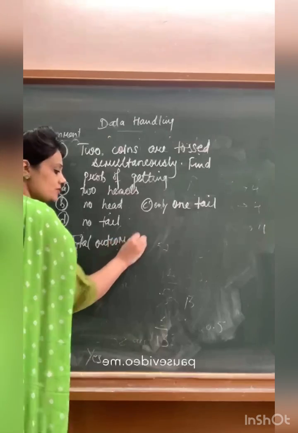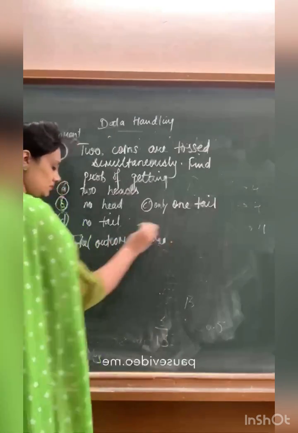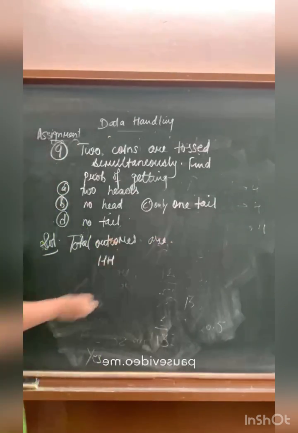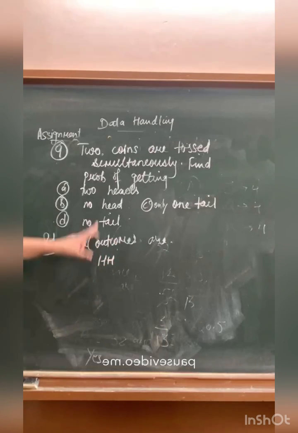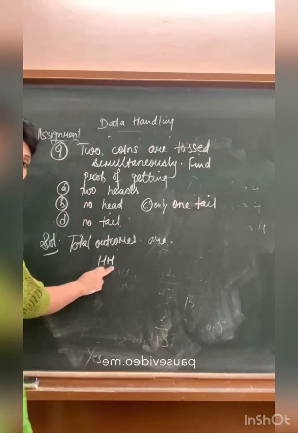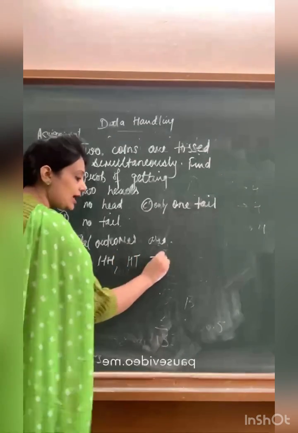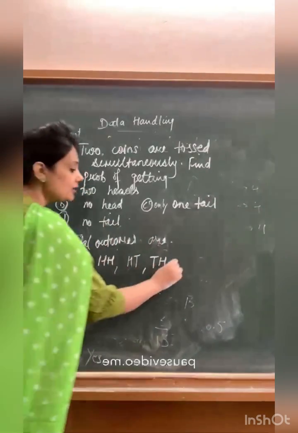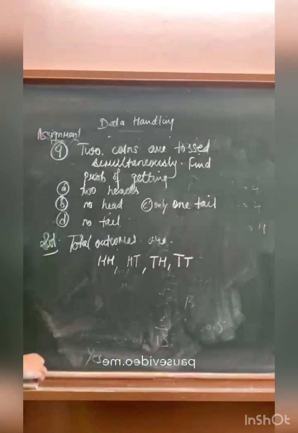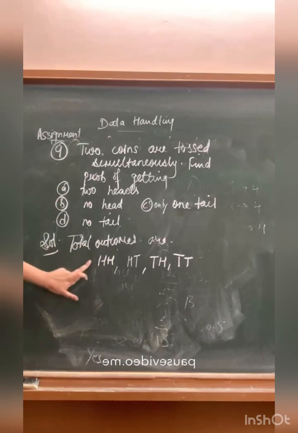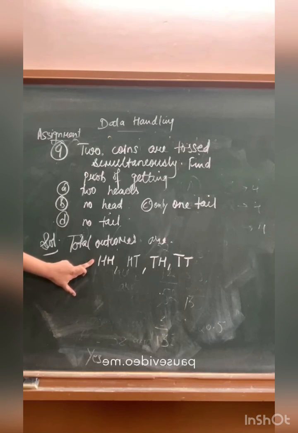Total outcomes: if we toss 2 coins, what can come on both coins? Head head, or head on one and tail on the other, or tail on one and head on the other, or tail on both coins.